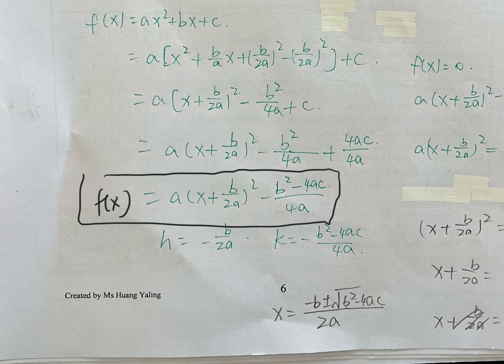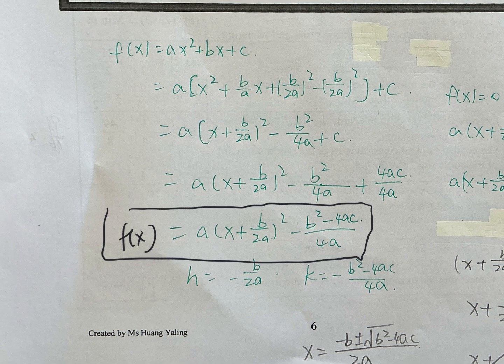Okay, I zoom in so that you can see better because of the color, right? Okay, so this is the completed square. If you have done it diligently, this is what you will get. And then we all know how to read the turning point from there. It will be the negative of whatever you see here. So this is the corresponding x value. Okay, this is the x of the turning point.